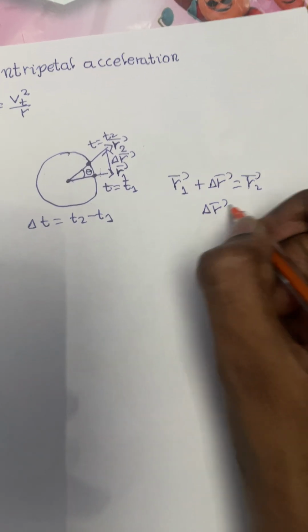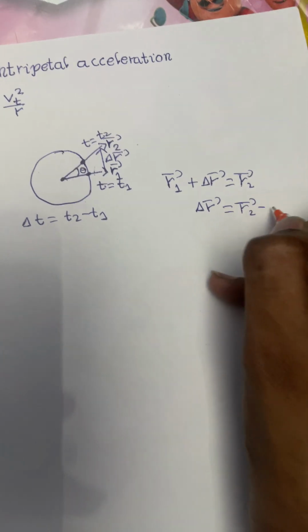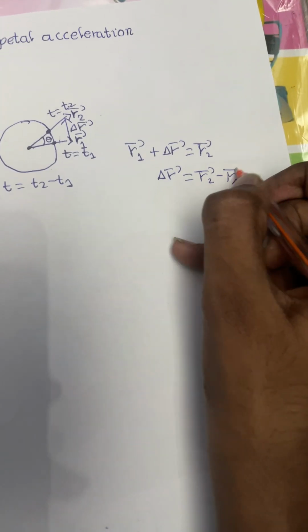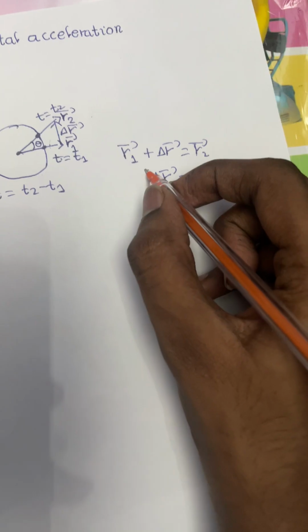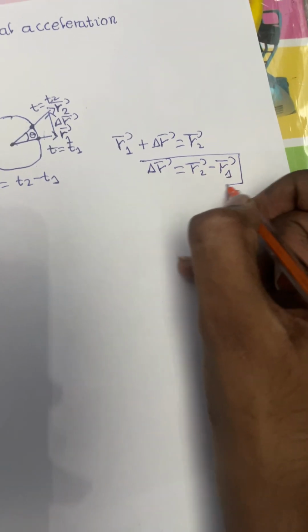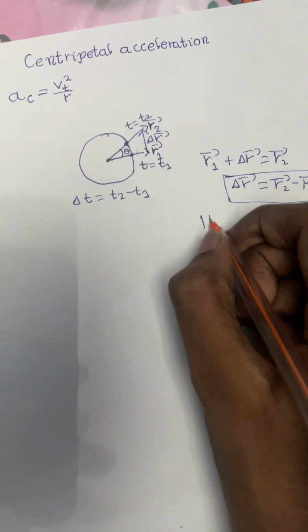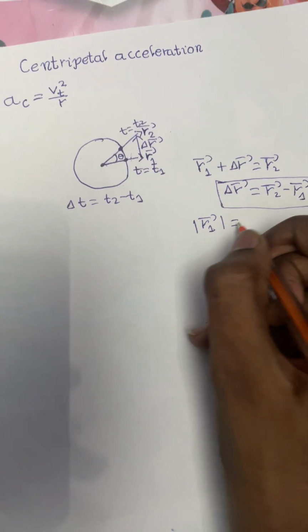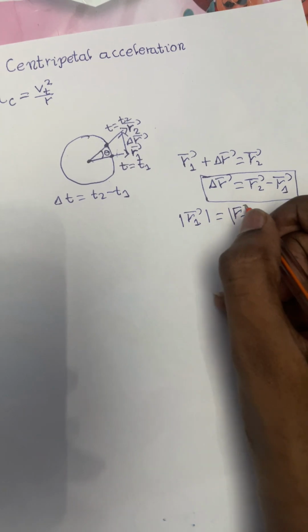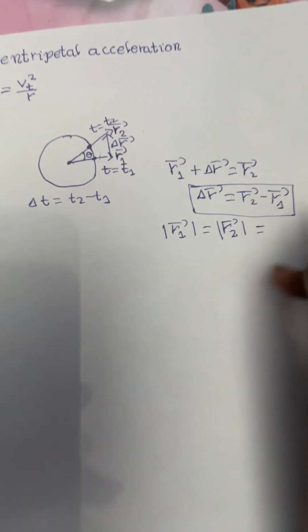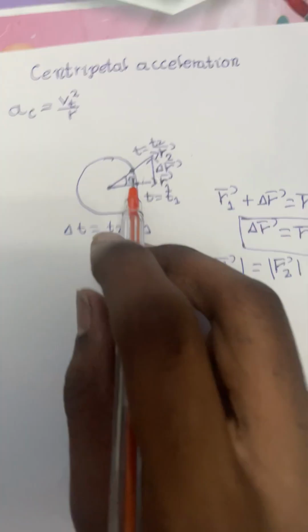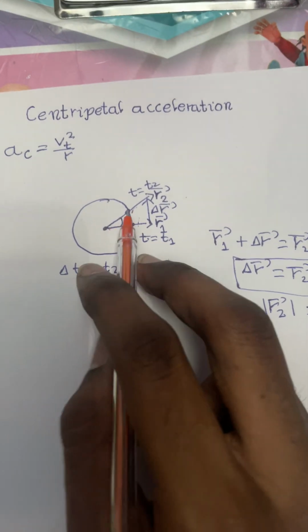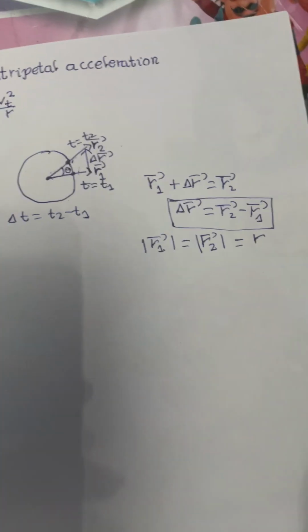So that makes delta r equals r2 bar minus r1 bar, right? But a thing to remember, the modulus of r1 and r2 is the same, r, because the radius of circular motion isn't going to change, right? It is uniform circular motion, right? So this is one condition.